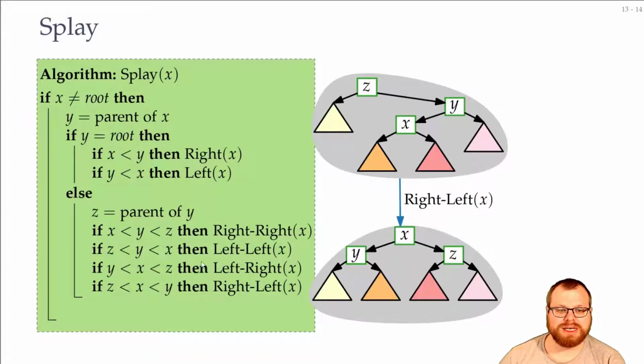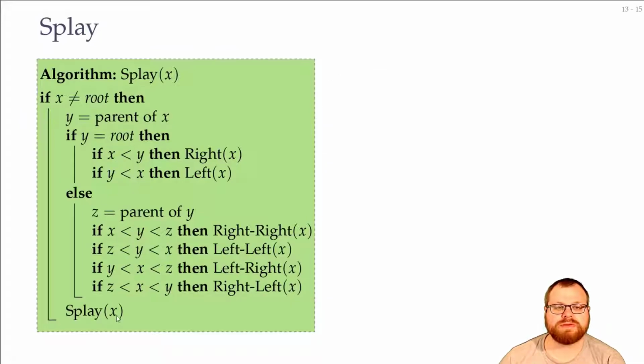And these are the only cases that we can have. And after we're done with moving x by 1 or 2 levels upwards, then we just recursively call splay on x again until it is at the root.